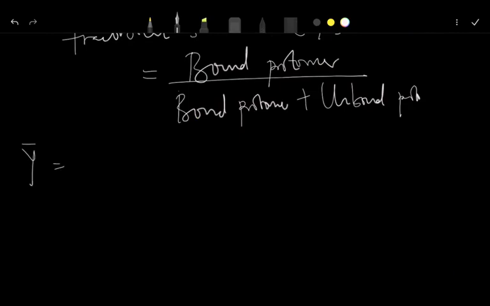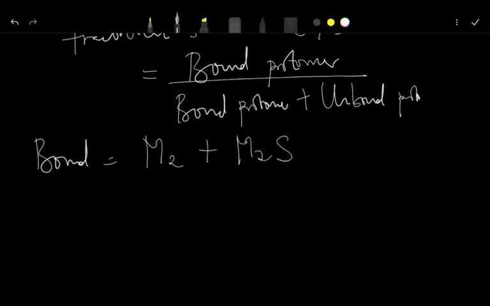So now I will say Y bar is equal to, what is my bound protomer? Let me first write them out. So my unbound protomer is what? M2 plus M2S.